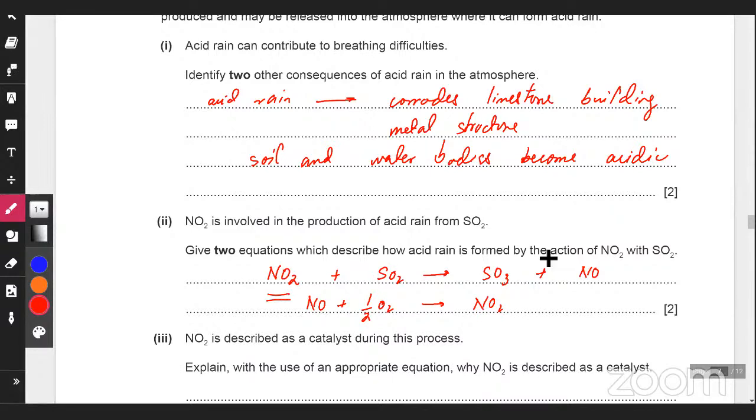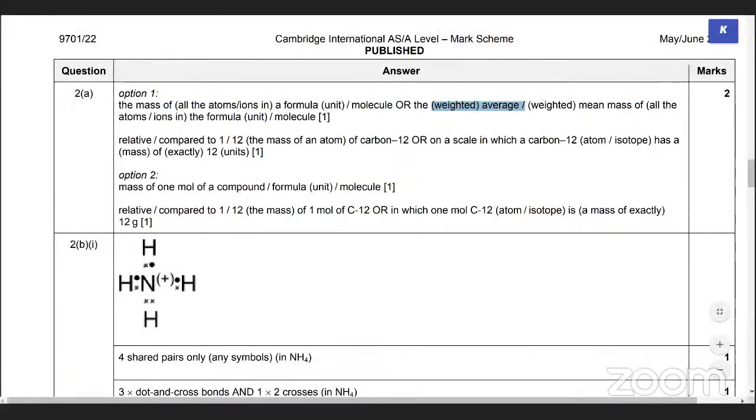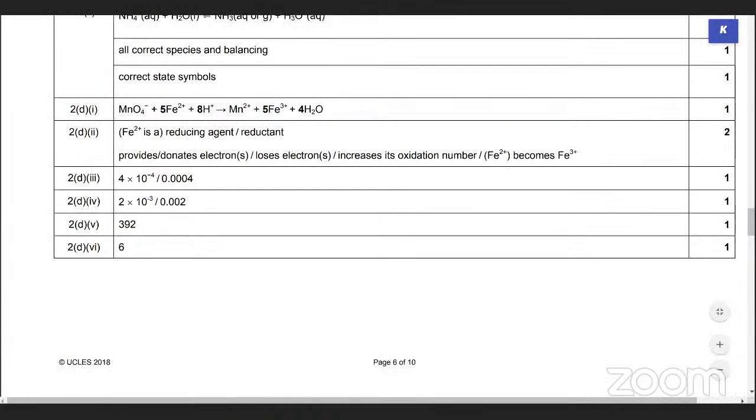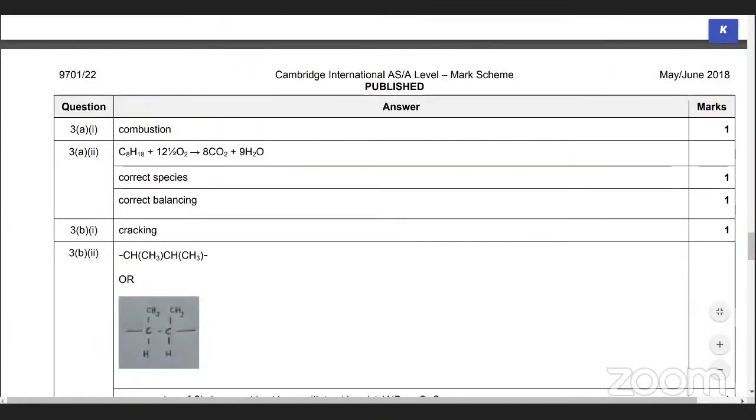So give two equations which describe how acid rain is formed by the action of NO2 and SO2. I think there should be a third equation where it reacts with water. On the safe side, we should write the third equation. I can check whether the third one has to be given.